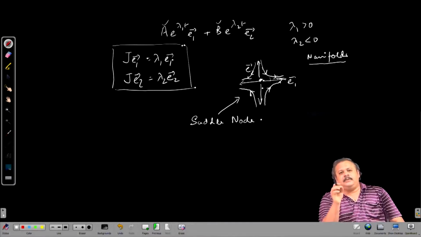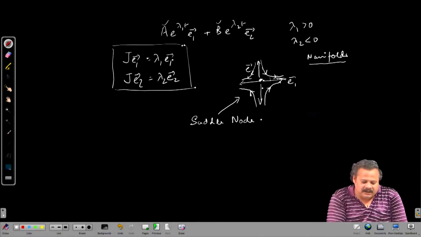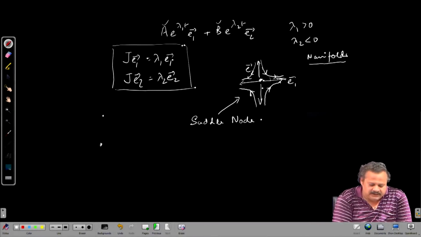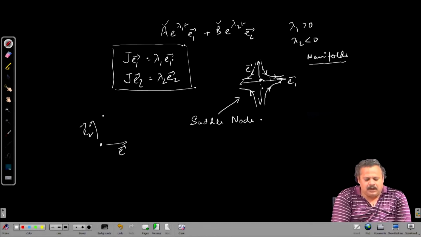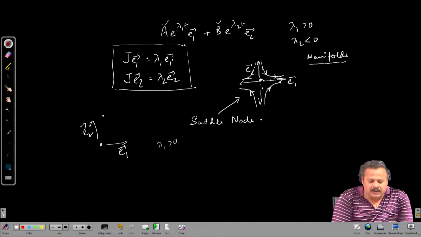Now if we start the system right near the equilibrium point just along E1, with an infinitesimally small deviation from the equilibrium point along E1 and no component along E2, then what would happen is, let us say this is our E1 and this is our E2, and E1 has lambda 1 greater than 0.